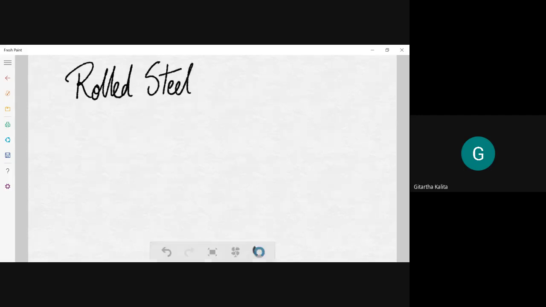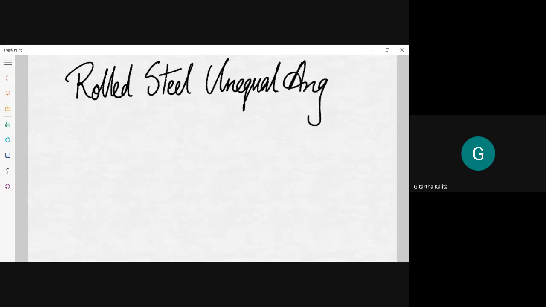You open the content for rolled steel unequal angles from steel table.